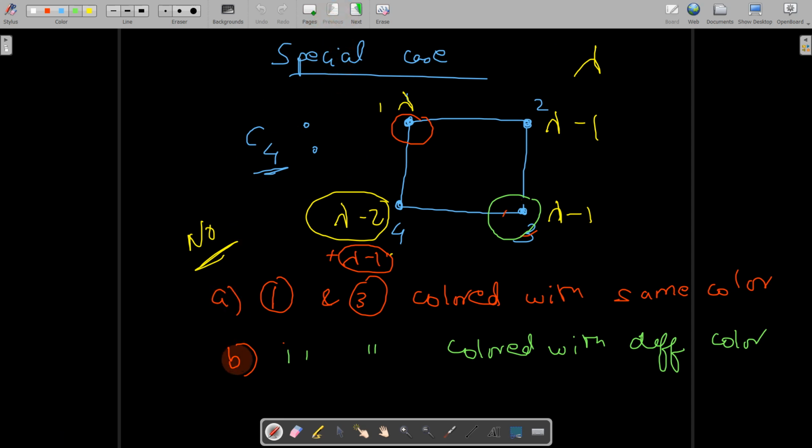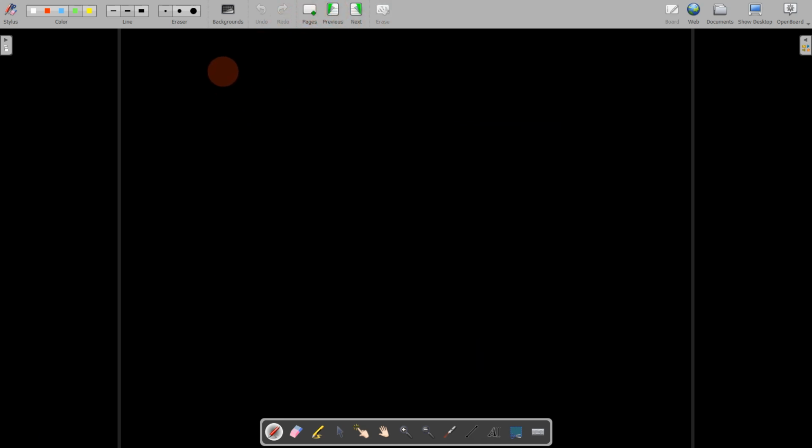These two cases, case A and case B, can be rewritten. Suppose in the first case vertex 1 and vertex 3 are colored using the same color. Then we can merge these two vertices into a single vertex like this, because we are coloring using the same color.